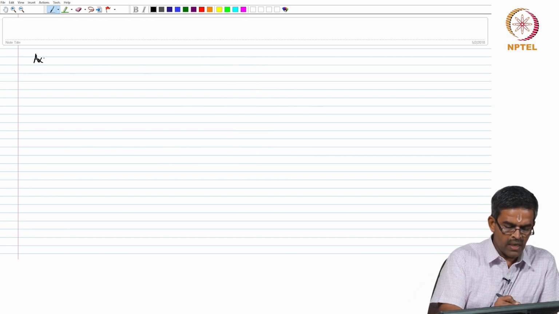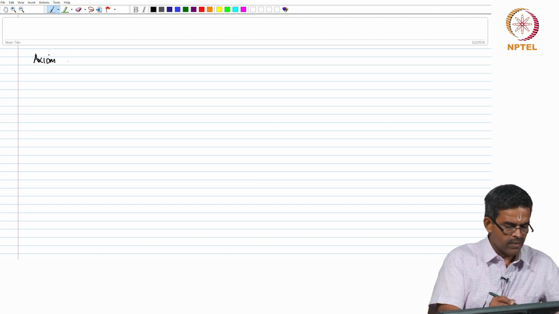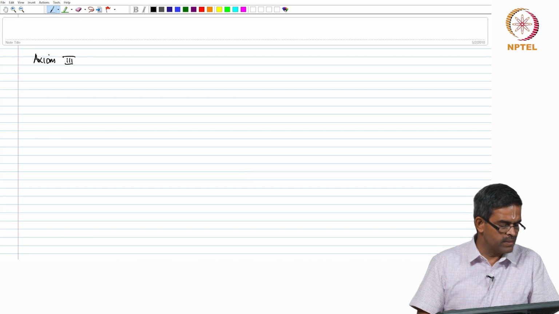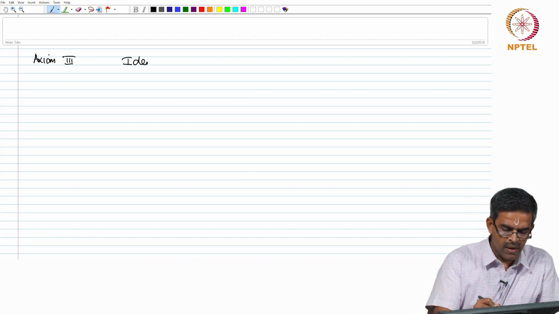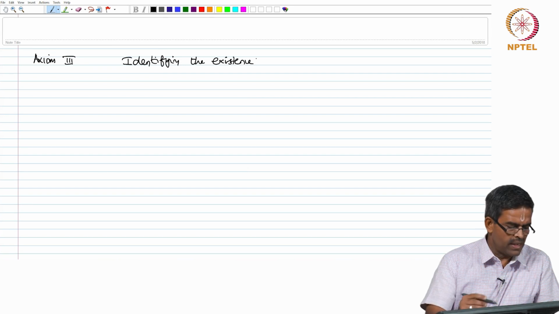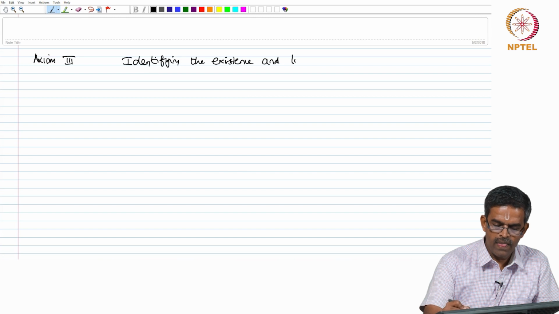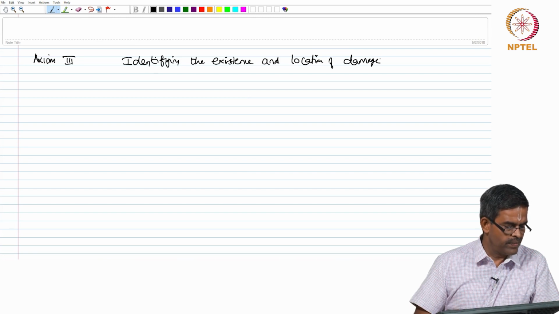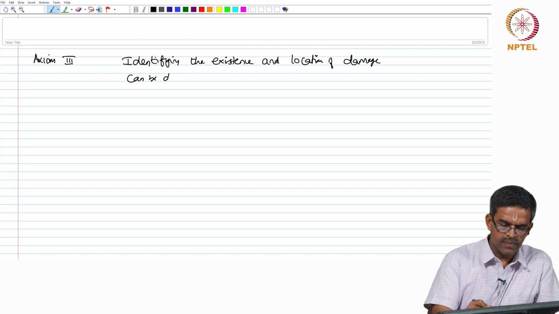Axiom 3 says that identifying the existence and location of damage can be done in unsupervised learning mode.